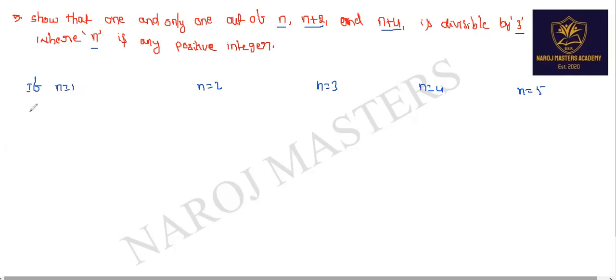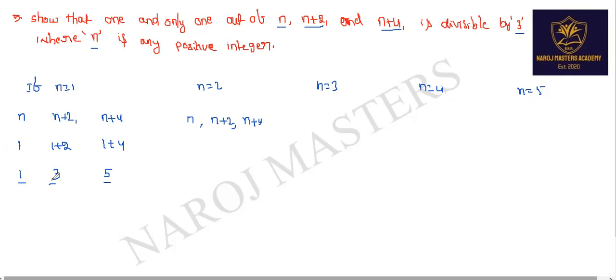So look here. If n is equal to 1, the values are n, n + 2, n + 4, that is 1, 1 + 2 = 3, and 1 + 4 = 5.